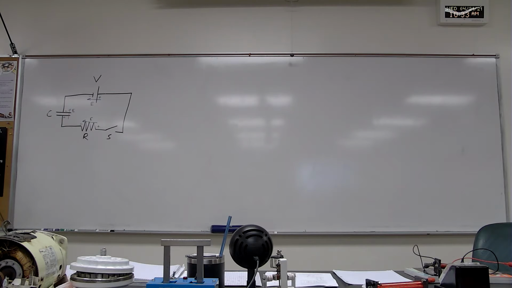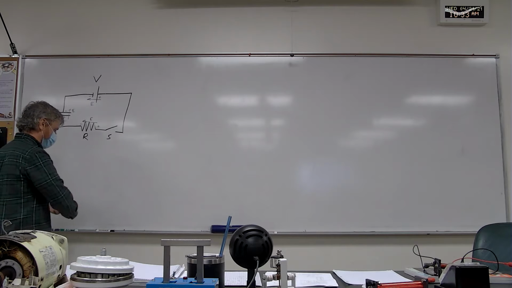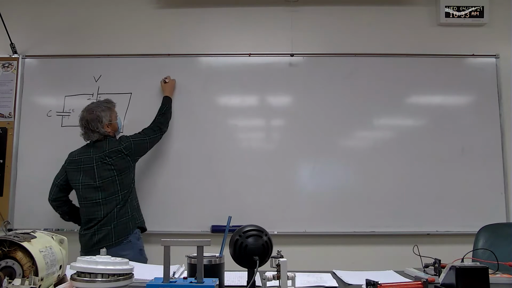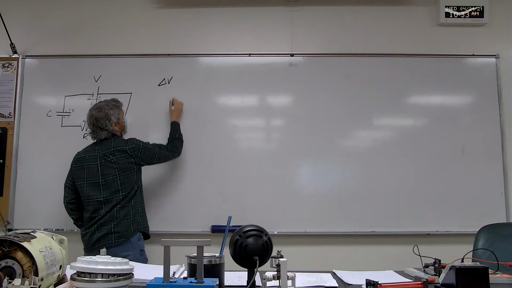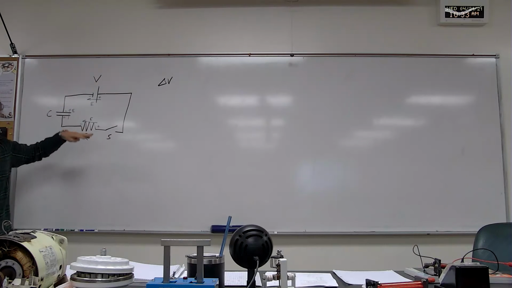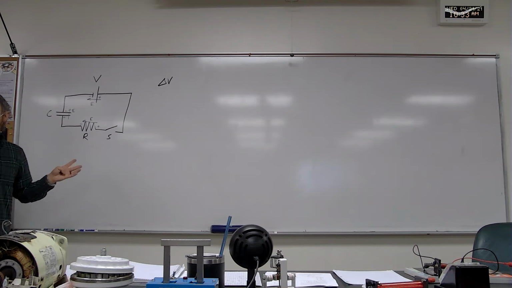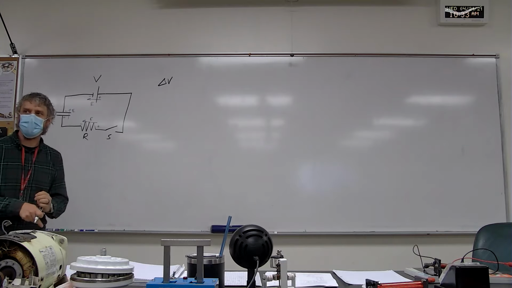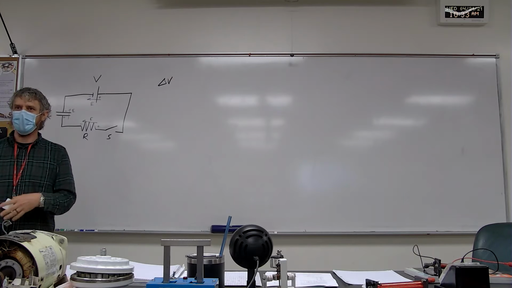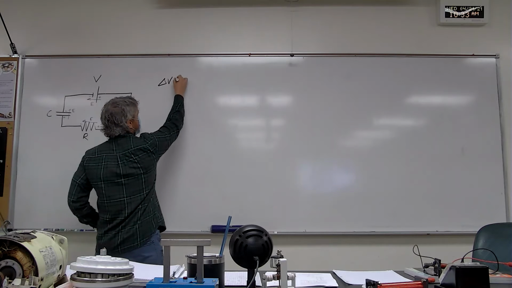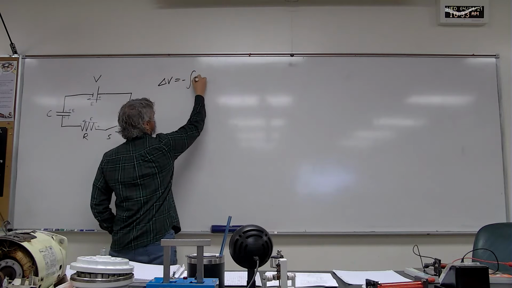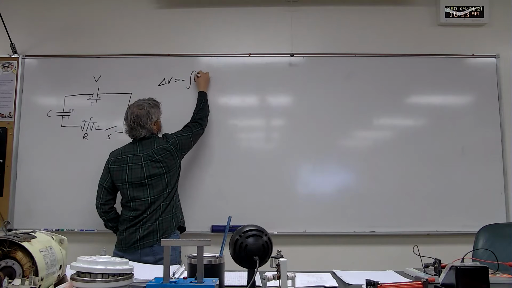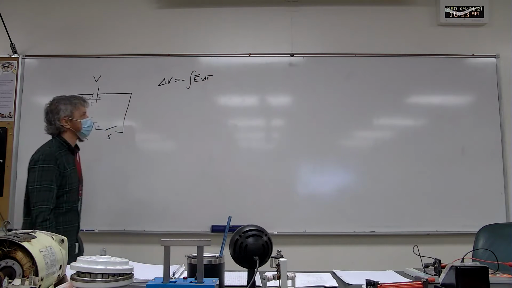So the thing is, we've defined this new thing. Well, we already know that the potential difference across any of these, and really this is the general equation, the potential difference between 2 points in space where there is a potential difference is the negative integral of E dot dr, right?